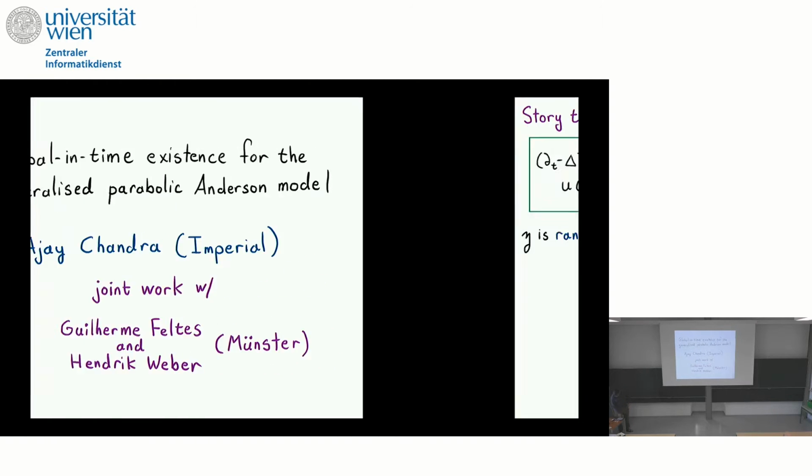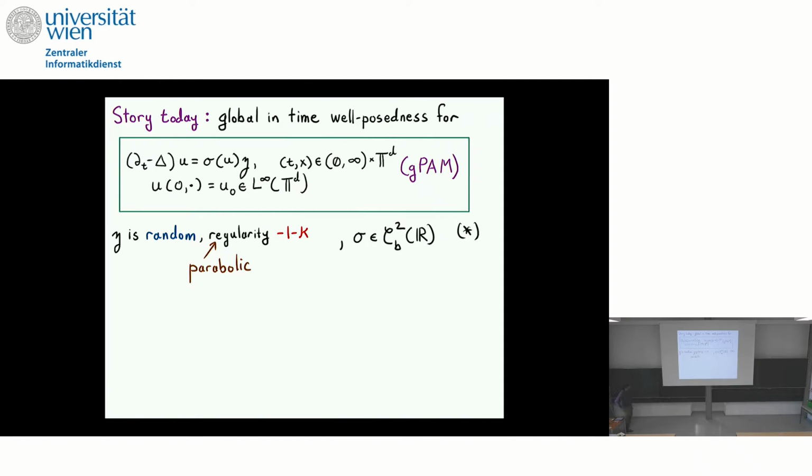So the story for today is global in time well-posedness for the generalized parabolic Anderson model, which is one of the prototypical, a kind of paradigmatic, example of a multiplicative SPDE.